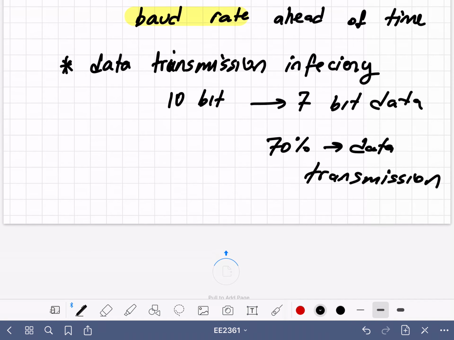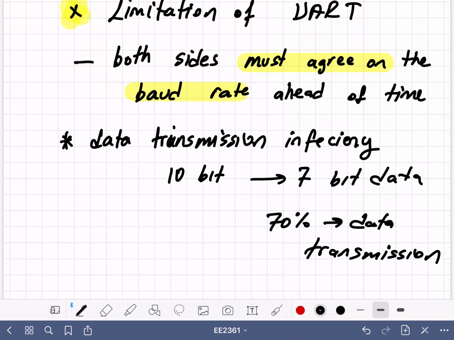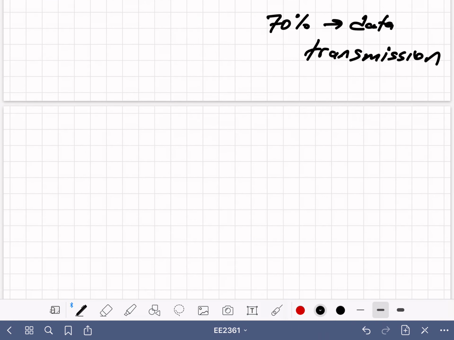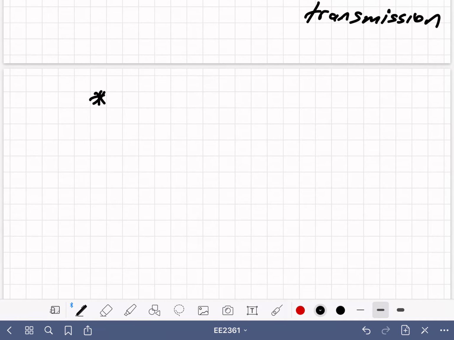Another limitation here is that it's only suited to communication between two devices.